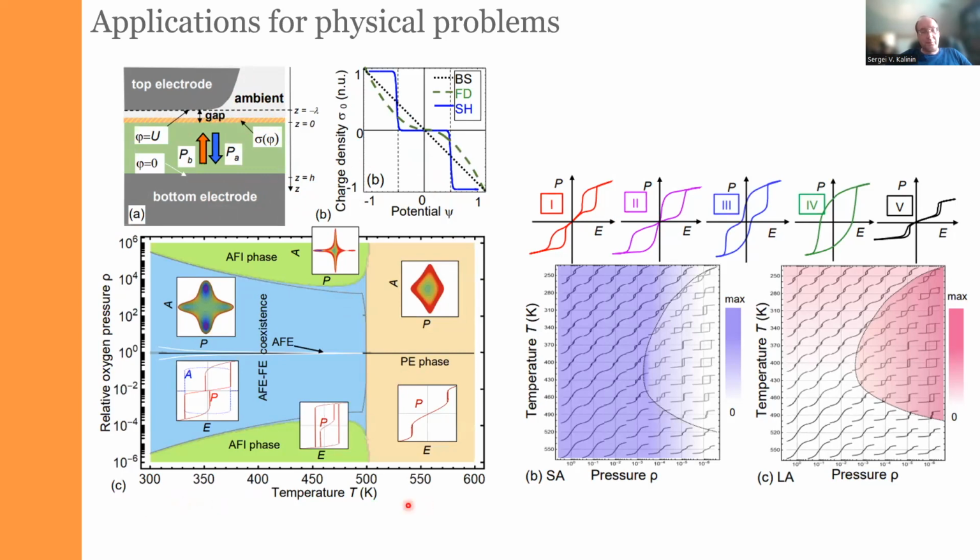Depending on the temperature and the partial pressure of the gas, it can be paraelectric, so it has a free energy profile like this one and a hysteresis loop like this. It can be in the ferroelectric phase, which looks like this. It can be in the anti-ferroionic phase, which has a hysteresis loop that looks like this. So there is a large variability of possible behaviors. If we just try to calculate the possible ways the hysteresis loops can look, you can see that they can change the loop shape quite a lot.